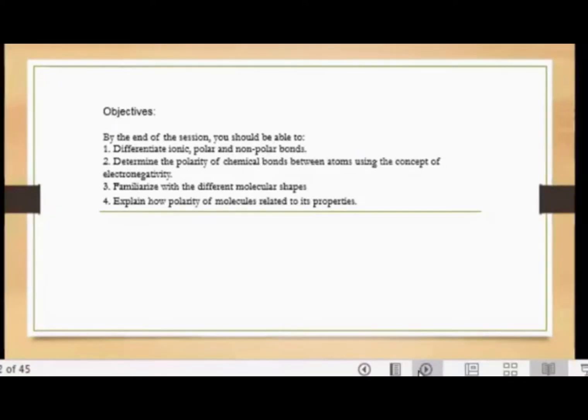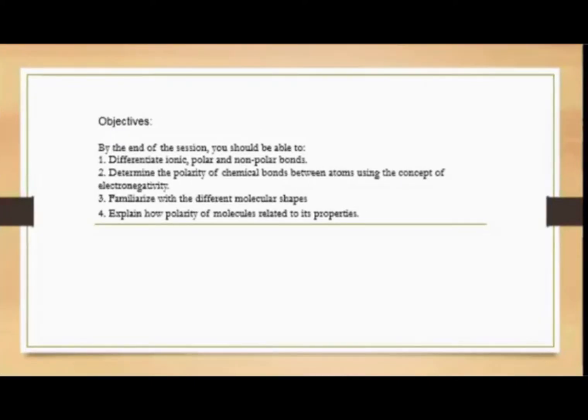If you can remember, in your grade 9 chemistry, you have tackled the lesson on the periodic properties of elements such as atomic size, metallic property, ionization energy, electron affinity, and electronegativity. Can you still recall what is electronegativity and its connection to the polarity of bonds?